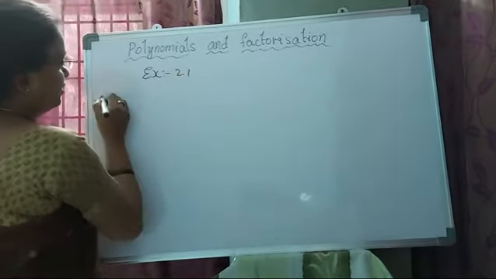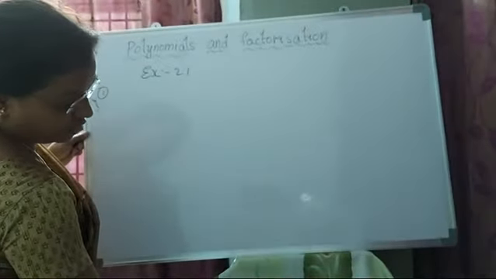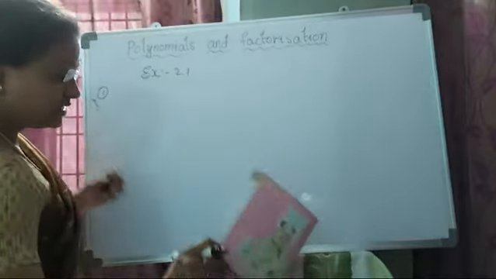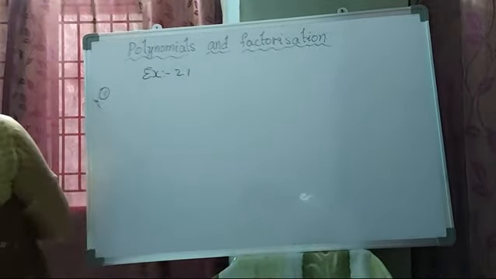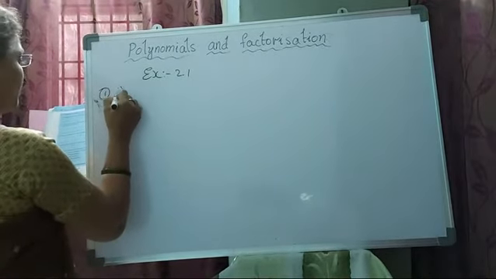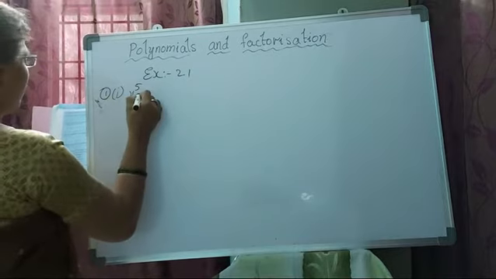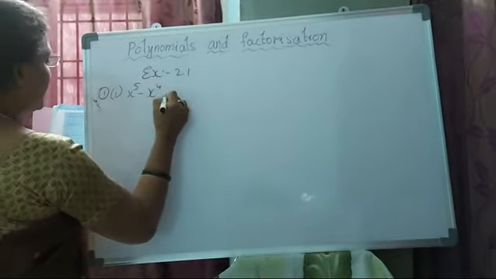Exercise 2.1. First one. What he asked: find the degree of each of the given polynomials below. What is the degree of that one? First one, first Roman, x power 5 minus x power 4 plus 3.